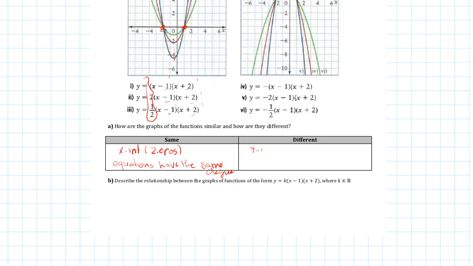They have different stretch or compression factor, and they have different vertices.